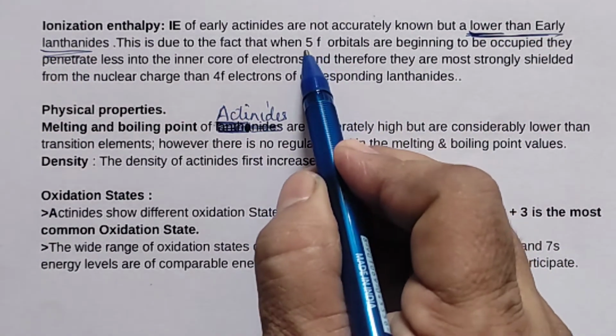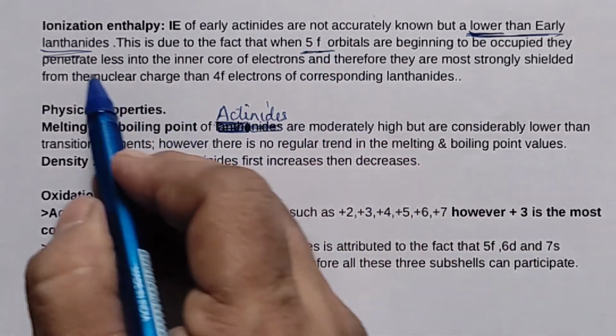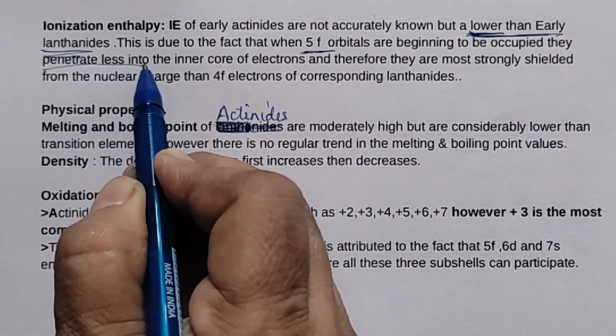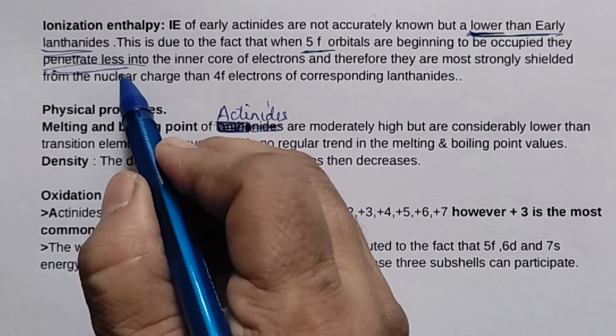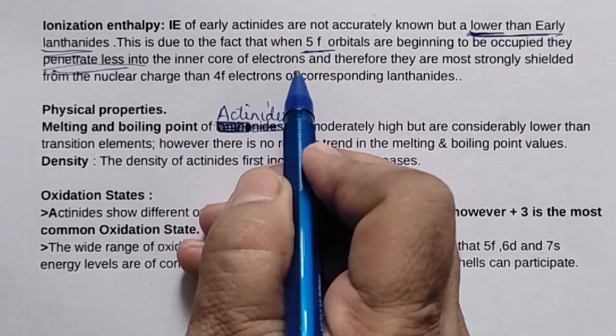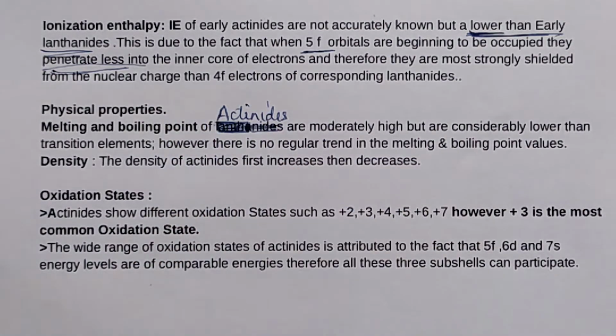Why? Because in actinides, the 5f orbital is being filled, and we know the 5f orbitals penetrate less towards the nucleus. Yes, they penetrate less into the inner core of the electrons. Therefore, we can say that the 4f electrons are closer to the nucleus.